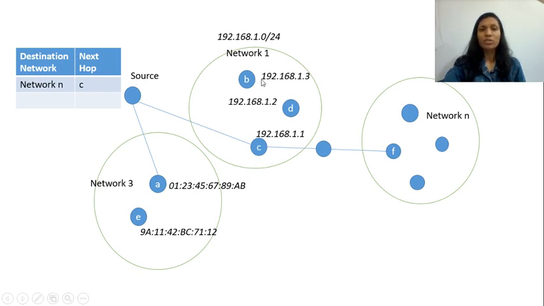If the source has to reach any device present in network 1, the source is going to send the packets to the next hop which is shown here. Once the message reaches that particular network, the network can route the message to the device present in it.